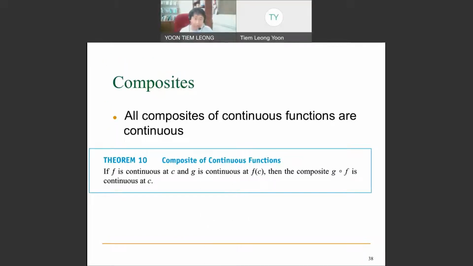So the next theorem we're going to talk about is a theorem that allows you again to easily predict the continuity of a new function, which is constructed out of two known functions whose continuity property is known. This is very similar again to theorem 9.